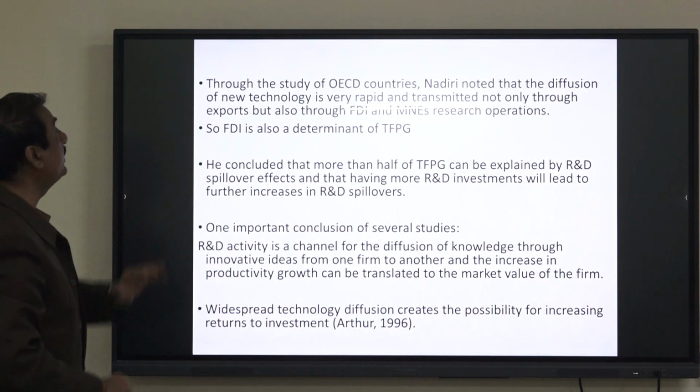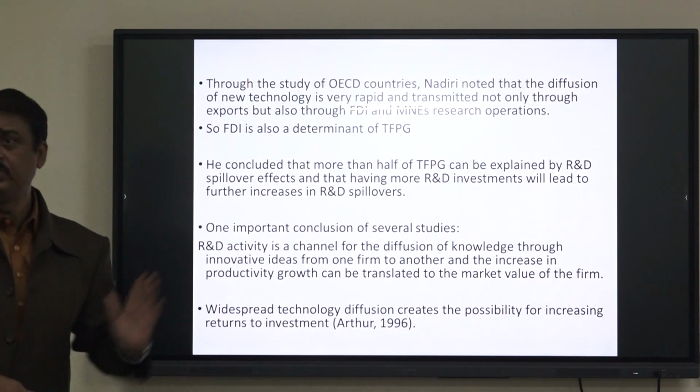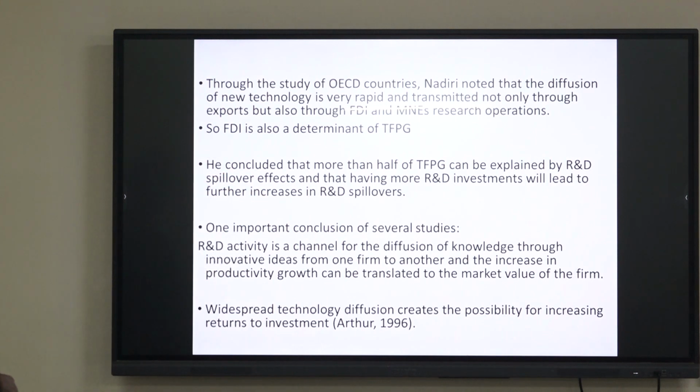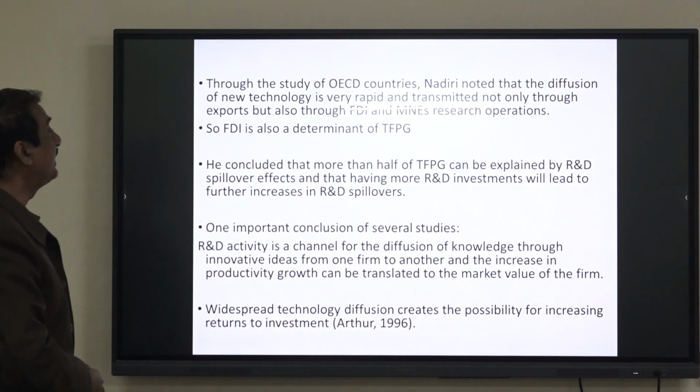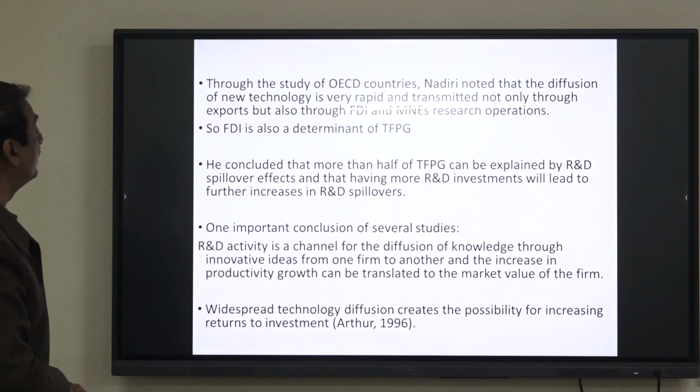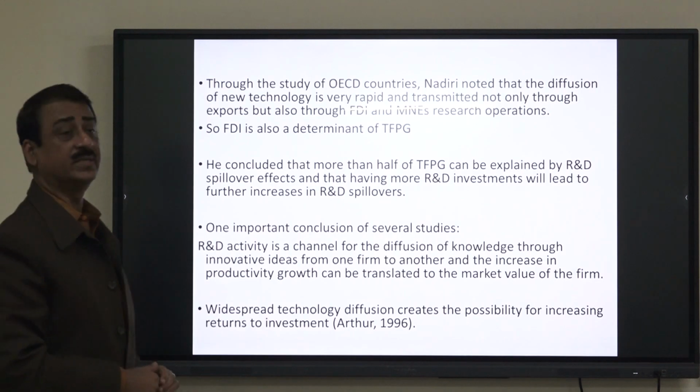Through the study, the OECD countries had conducted a study, and there Nadiri noted that the diffusion of new technology is very rapid and transmitted not only through exports but also through FDI and MNEs' research operations.